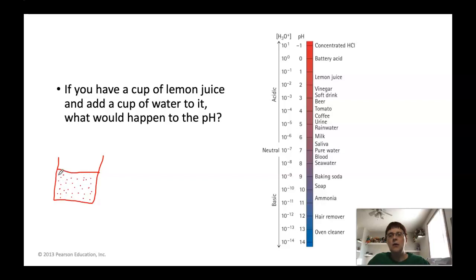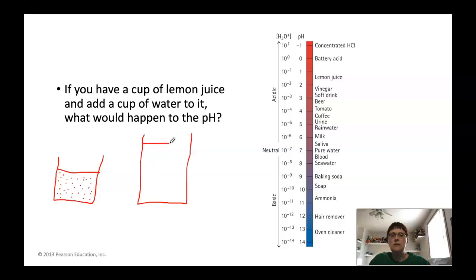Now, if we're using water, water is here at 7, right? So it's not going to have any hydrogen ions in it, really. And so now our cup is going to have twice the volume. I'm going to draw the cup a little bit bigger now.